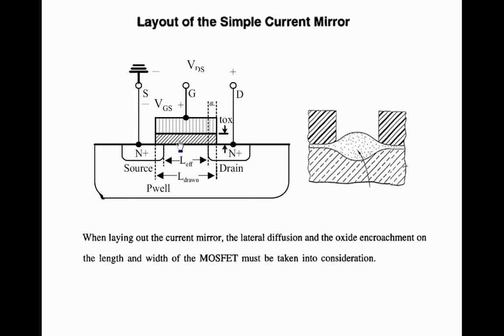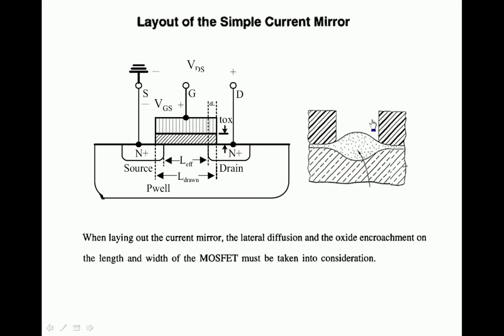But the effective length at the time of fabrication will be lesser than that. So L effective is nothing but L drawn minus 2 times delta L. And why we have to consider this is that whenever we go for the actual transistor, it won't be exactly these dimensions. It will be in this manner.